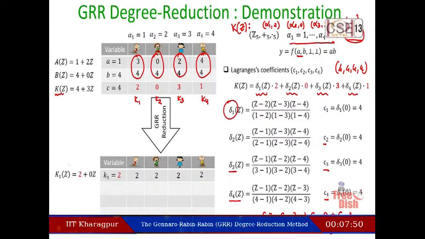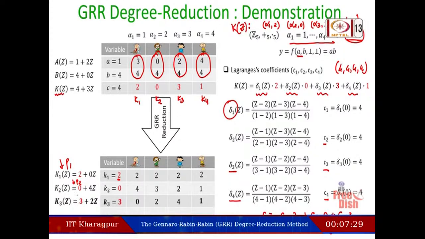Party 1 will act as a dealer and secret share its private input K1 through a degree 1 polynomial. Party 2 will act as a dealer and secret share its private input K2 through a degree 1 polynomial.